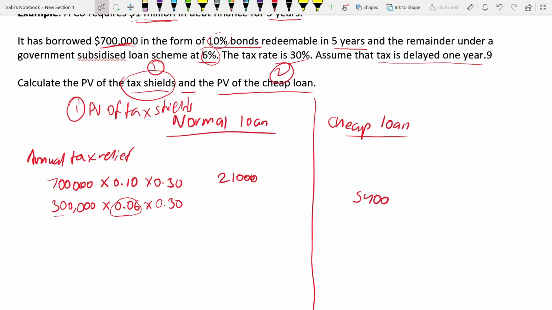Okay, what about the annuity factor? You have to take care of the annuity factor because you are getting that tax relief on the interest you are paying every 4 years, every 5 years, but it's delayed 1 year. So you have to work with the annuity factor for 5 years at 10%, or 6%.